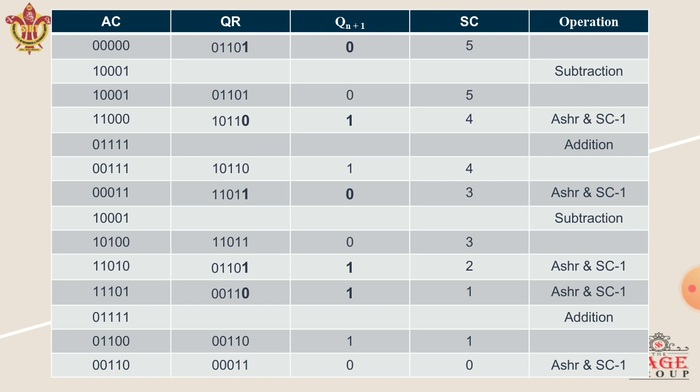Then perform the addition operation, AC plus BR. Now the value of BR is 01111.